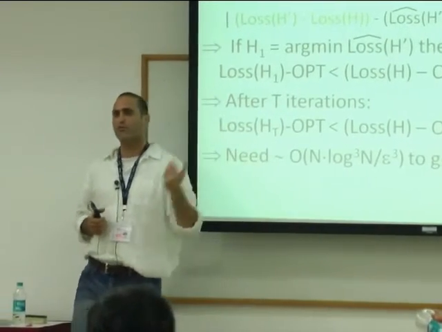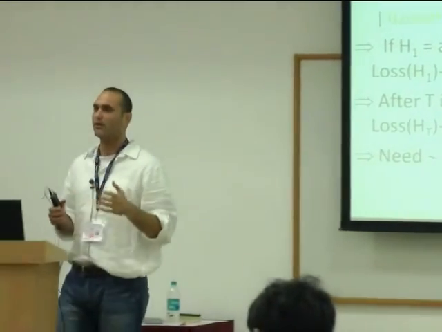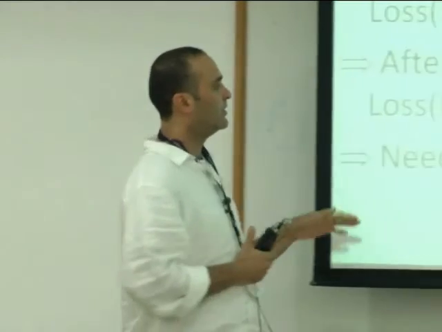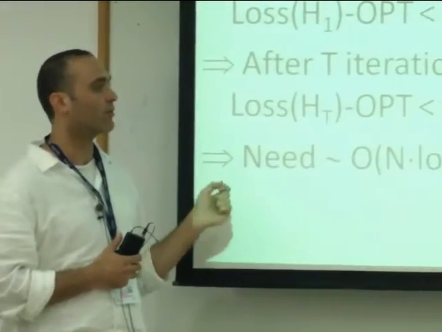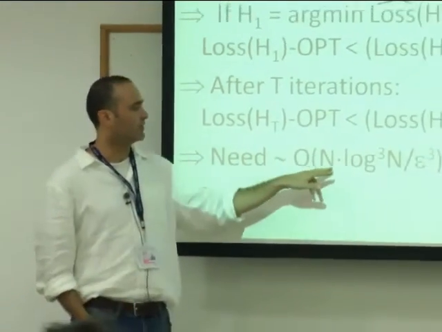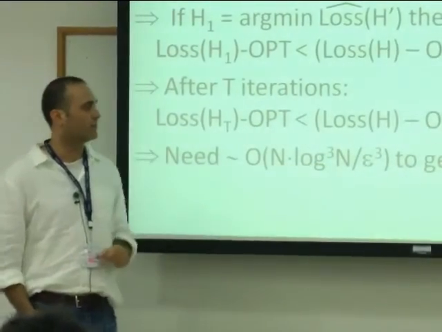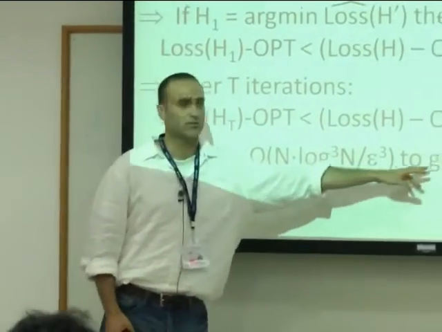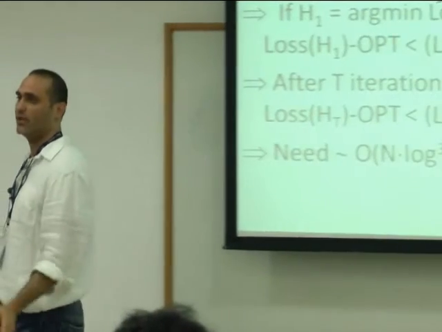If you remember the query complexity in each iteration from the previous slide, you multiply those two numbers, and for ordering you need roughly n log cubed n over epsilon cubed to get epsilon times opt regret, or a 1 plus epsilon multiplicative loss.